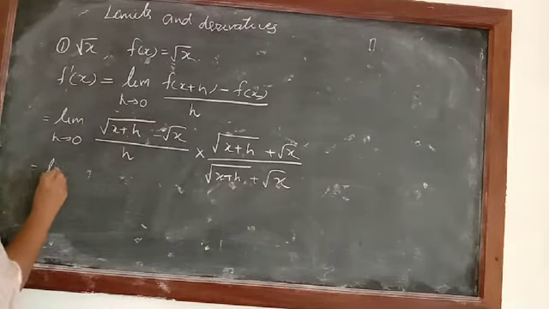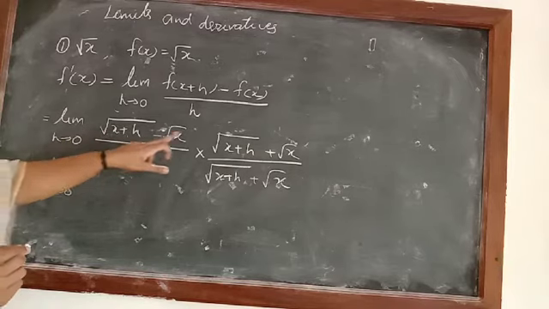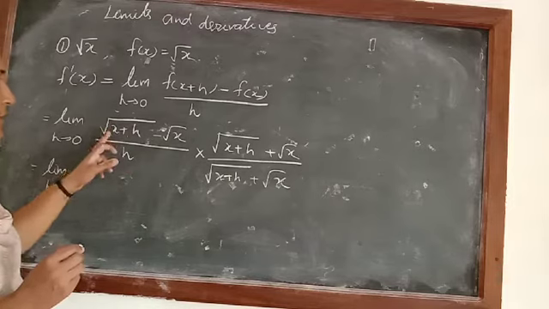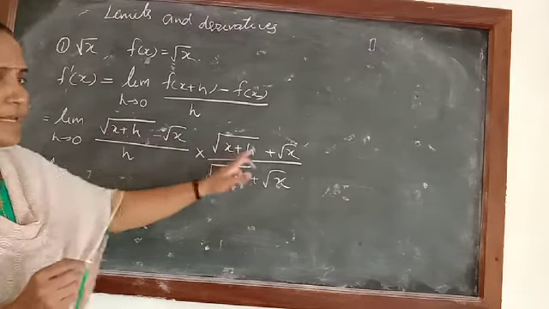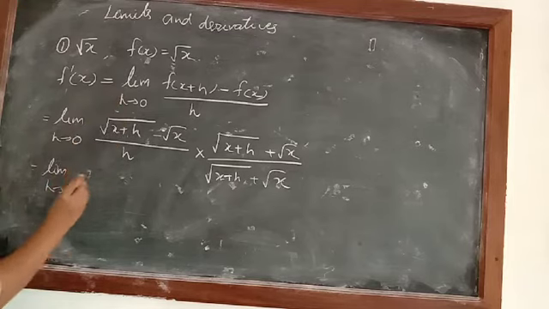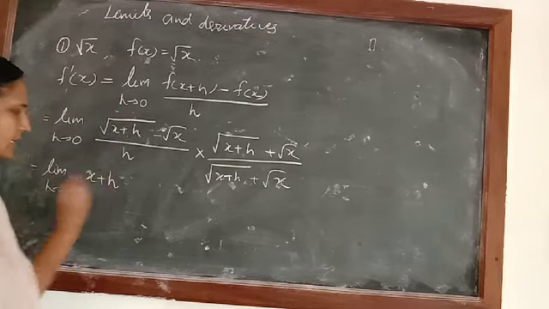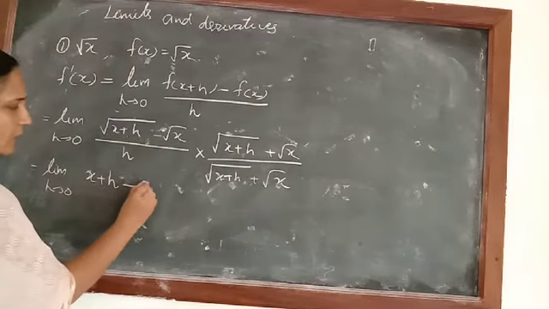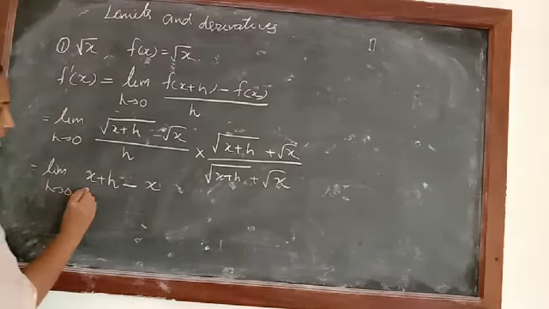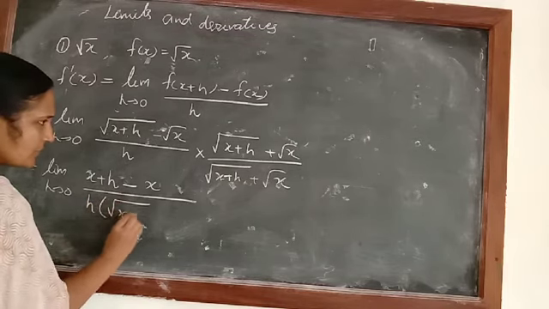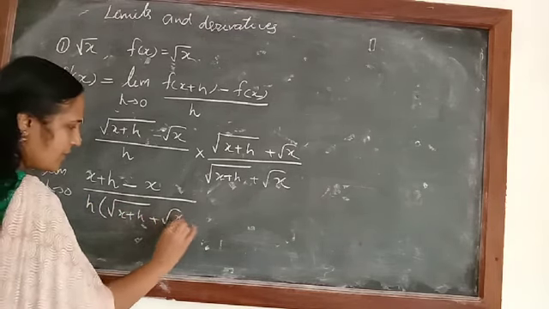In the numerator, we can now use the identity, it is in the form a minus b into a plus b, which equals a square minus b square. So root x plus h the whole square, root will get cancelled, we will get x plus h minus root x the whole square. So root will get cancelled, we will get x by h into root x plus h plus root x.